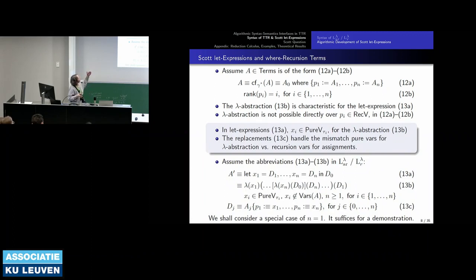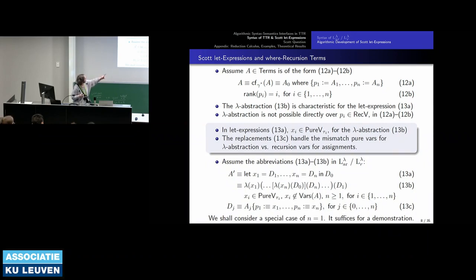Here I cannot directly provide such a lambda term over 12a for p1. I cannot lambda-abstract over p1 to pn because those variables are not allowed to be bound by lambda. They're bound only by assignments. So I have to translate them into pure variables in order to provide such a characteristic property. And I provide it by 13c.